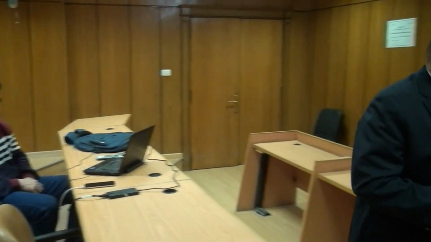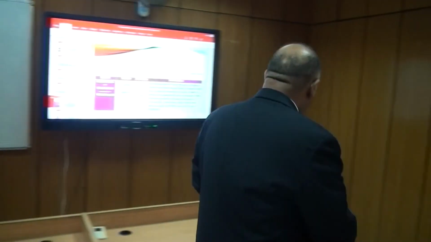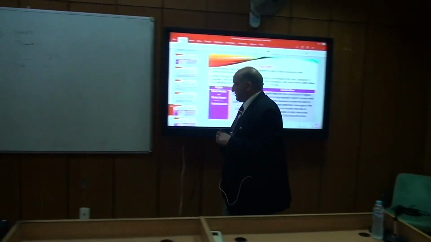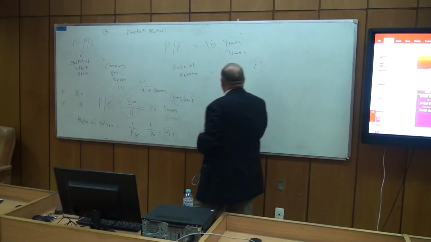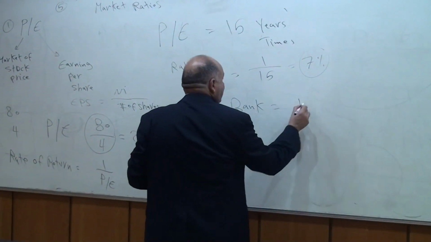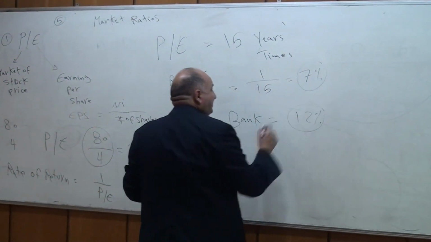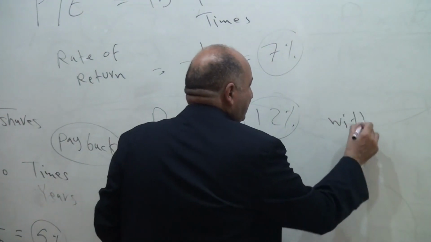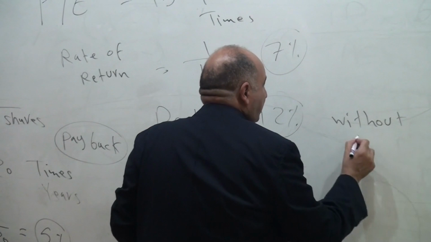The bank has no risk, and the stock market has a very high risk. If you deposit your money in the bank, you will get 12% without risk.